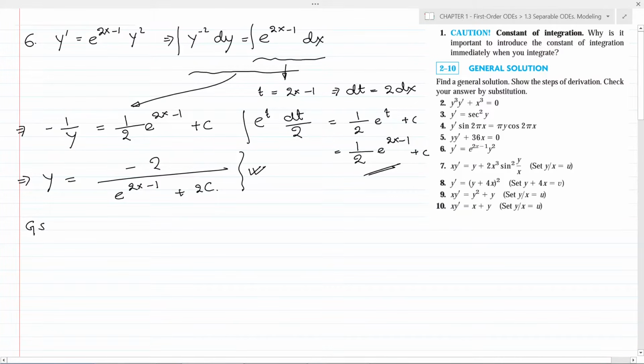Now the general solution that we got is y equal to minus 2 divided by e to the power 2x minus 1 plus 2c.